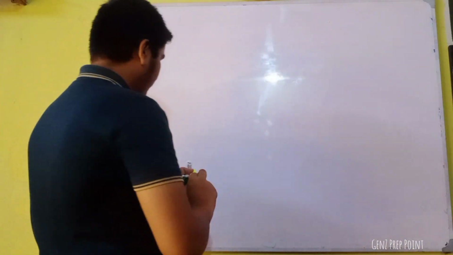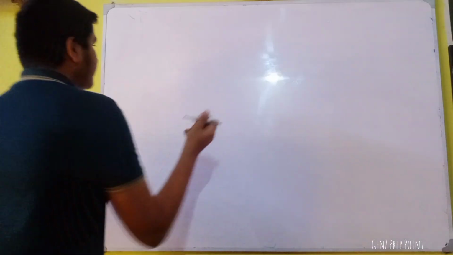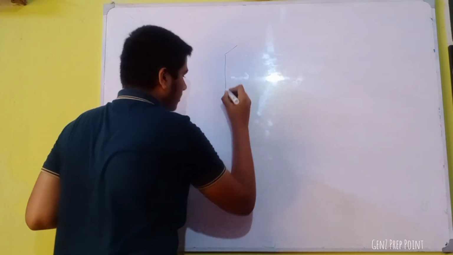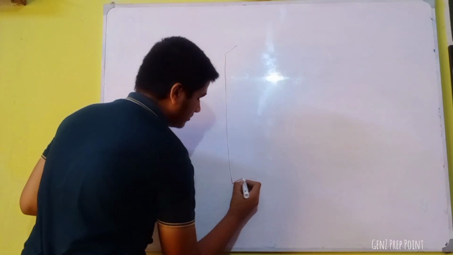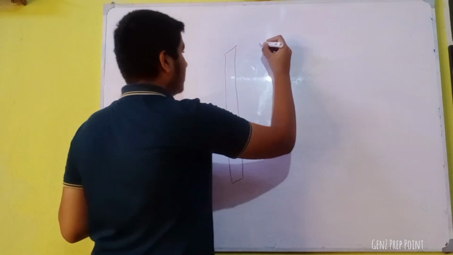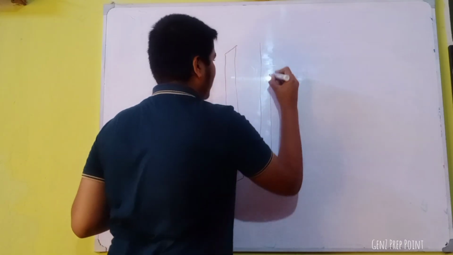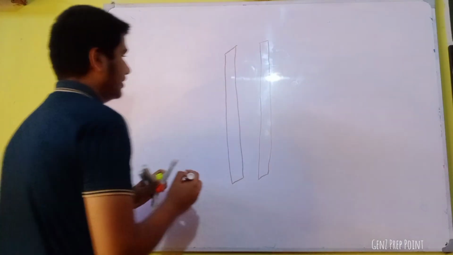First we will draw xylem. Suppose this is a xylem vessel from a trunk of a tree or its stem.